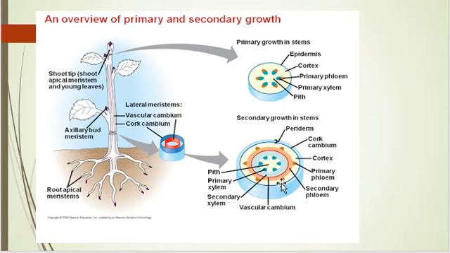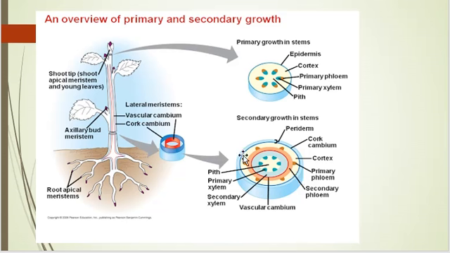In the secondary growth, the transverse section is shown in this figure. The outer layer is the periderm. Then below periderm there is the cork cambium. Then below cork cambium there is the cortex region, which is in white color. Then there is the primary phloem, and below primary phloem, secondary phloem is present.